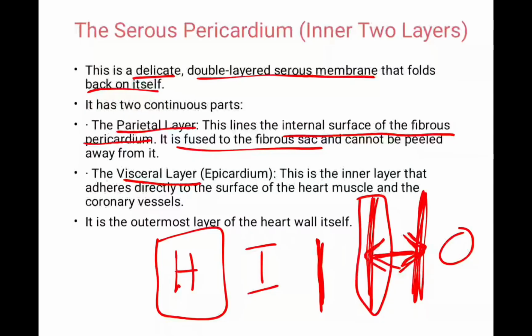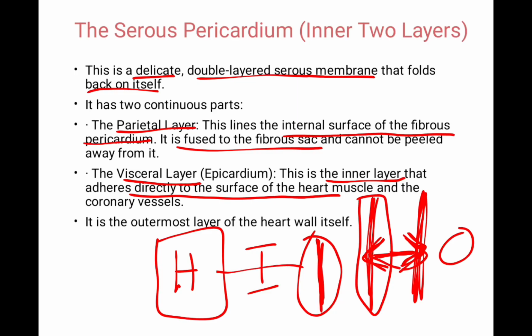There's really no potential space between the two layers. Then the visceral layer, which is this, is called the epicardium. This is the inner layer that adheres directly to the surface of the heart muscles and the coronary vessels. So there is adhesion of the inner layer of the serous pericardium and the heart directly.